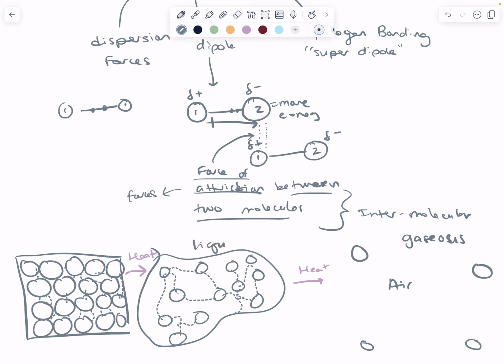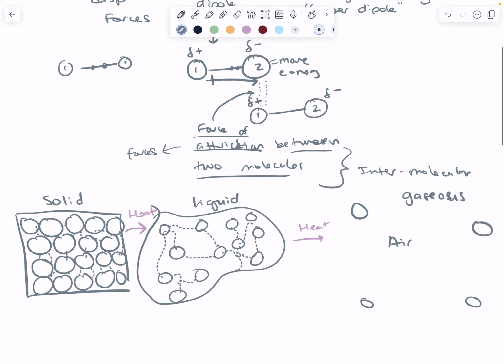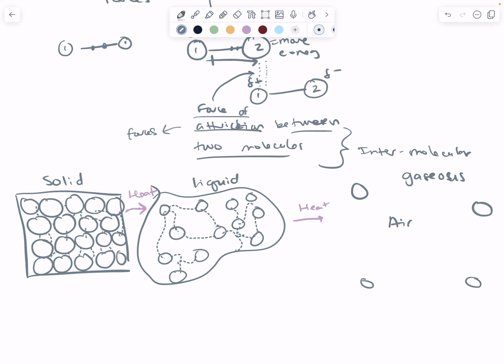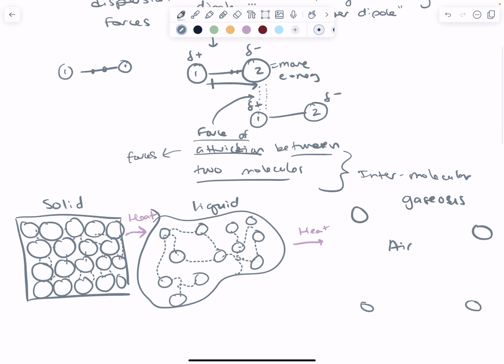So when I say that intermolecular forces impact boiling point, this is what I'm referring to: the idea that stronger intermolecular forces, if they're able to hold things together, will stay a solid. And then as we add heat, the intermolecular forces start to be overcome. They become a liquid.